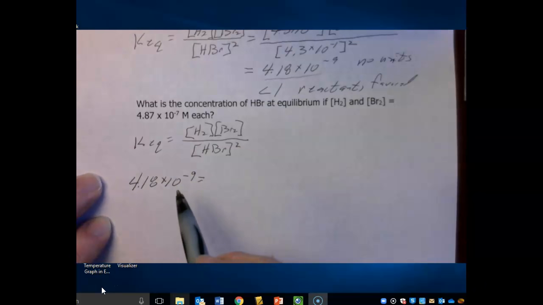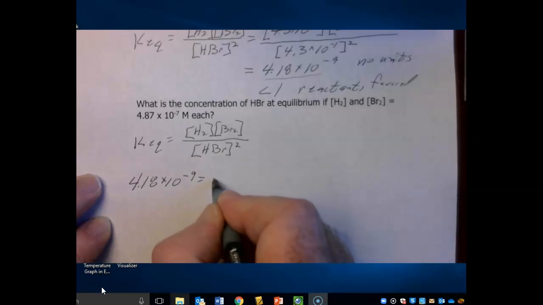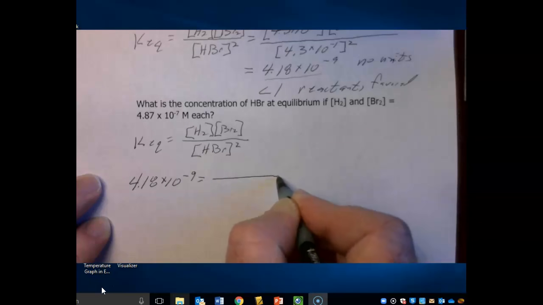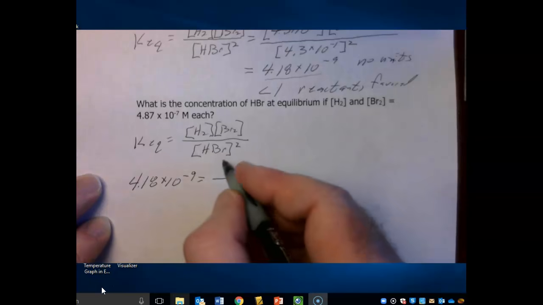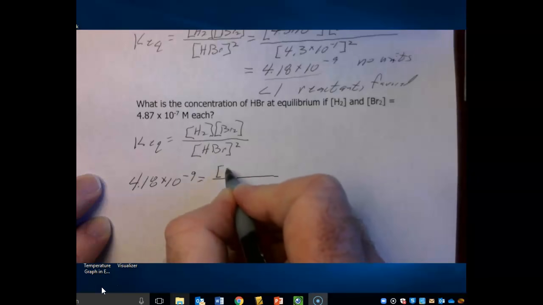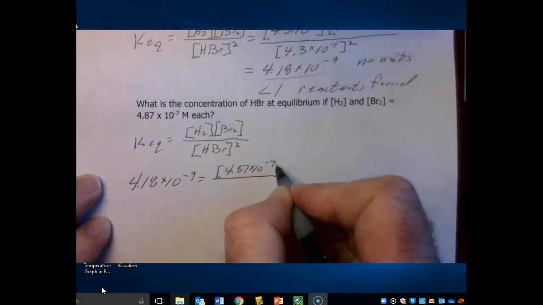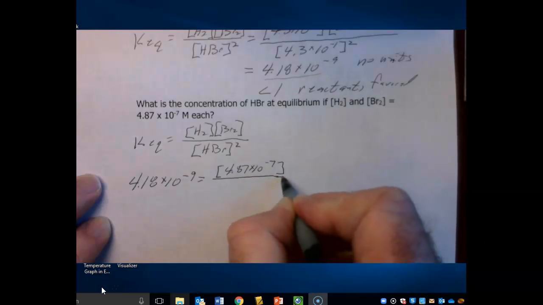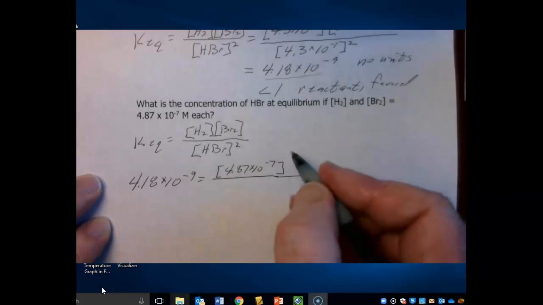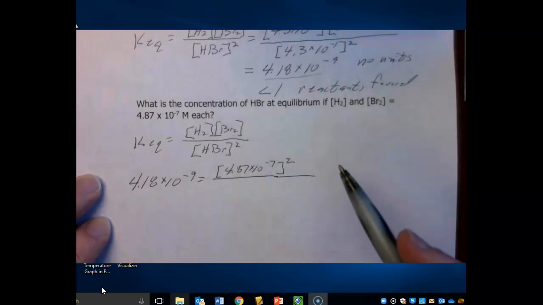Okay, if the temperature changes, the KEQ changes. But you can change anything else. You can change pressures, you can change concentrations of reactants or products, and KEQ numerically stays the same. So now they've told me that the concentration of the hydrogen is 4.87 times 10 to the minus 7, and also the concentration of the bromine is the same thing, so I'm just going to put a squared there since they're both multiplied by the same thing.